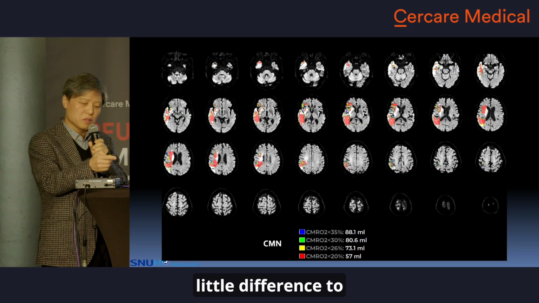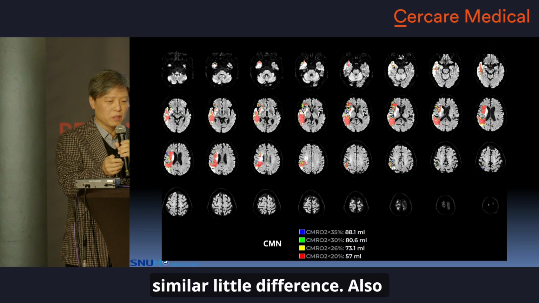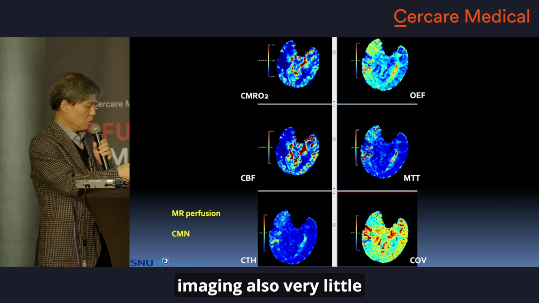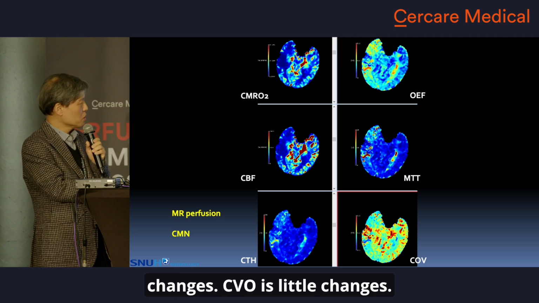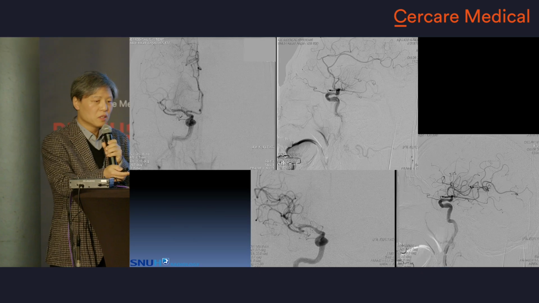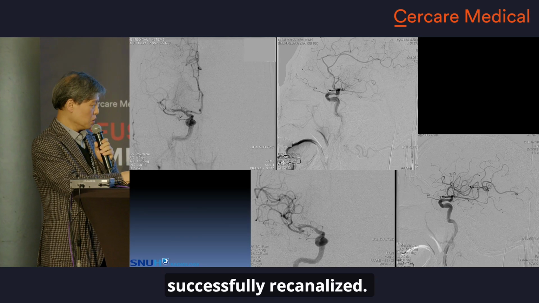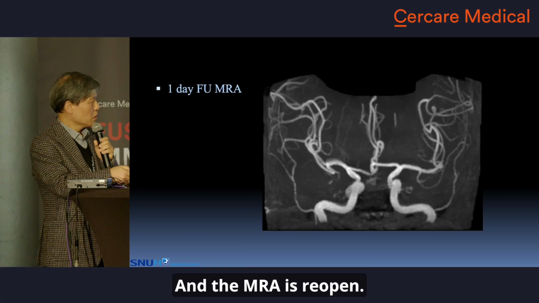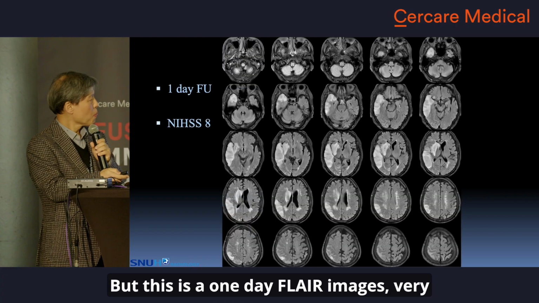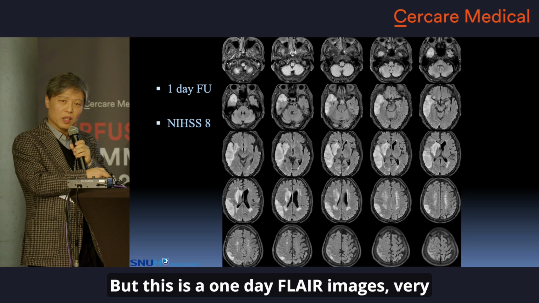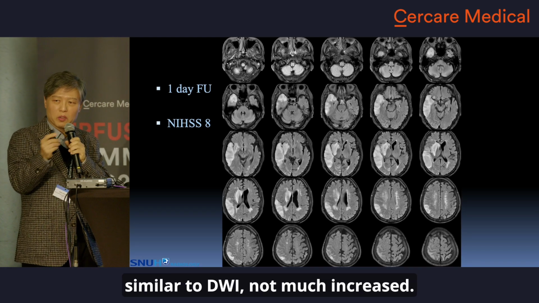So there is just a little difference between CTP CMRO₂ and MR perfusion CMRO₂. The imaging also changes very little, and the CBV changes a little. So he tried recanalization and it was successful, and the MRA reopened. But on this one-day FLAIR image, very similar to DWI, there is not much increase.